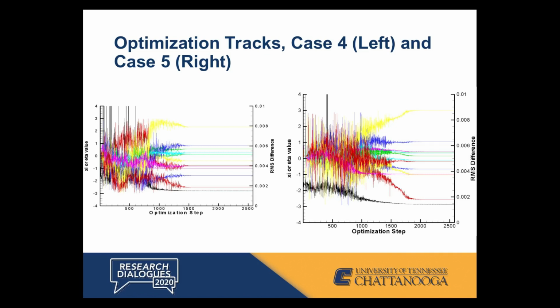So you see that by about 1,500 optimization steps, the reduced layering is done. It takes about 2,000 for the full optimization. That's a result we expect, because the more variables you have, the longer it should take to filter through those and come out with a result.